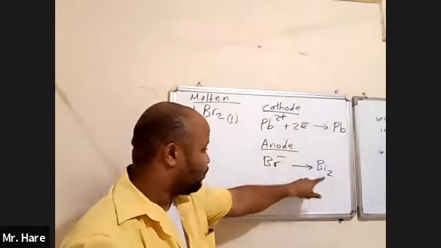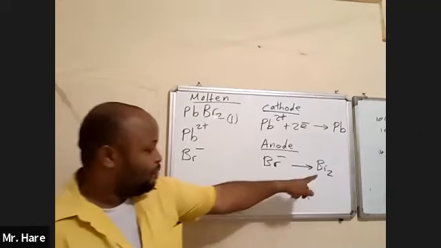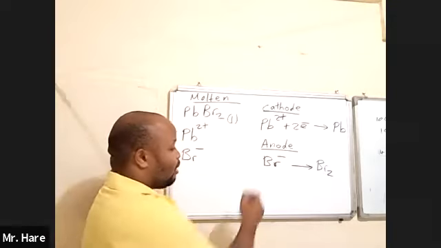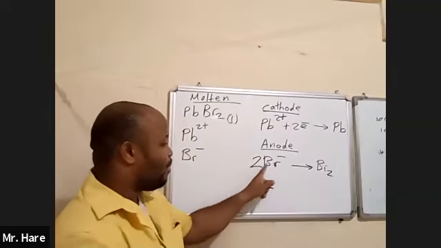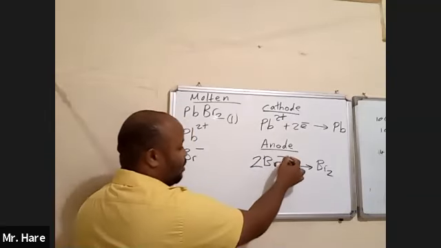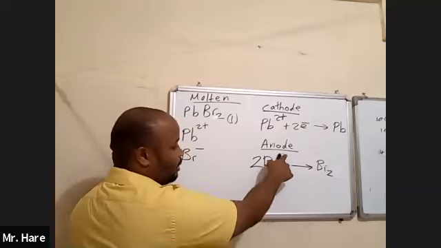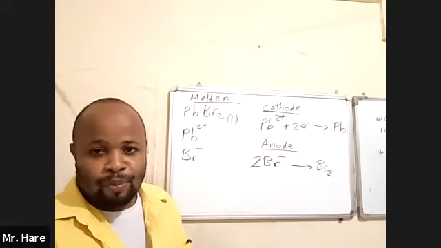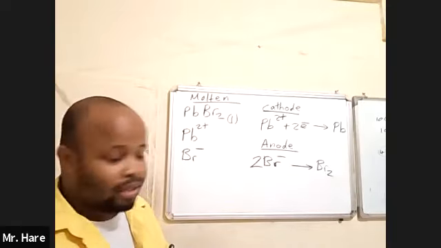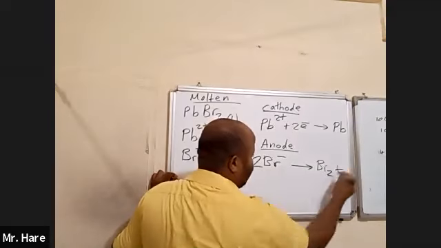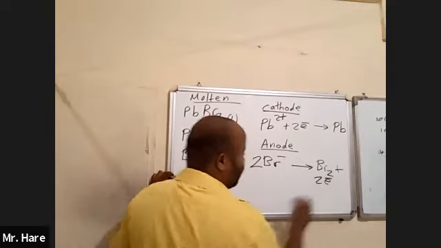If you have Br2 here, you are going to need 2 bromide ions, and each of them will give up an electron, so that will be a total of 2 electrons.